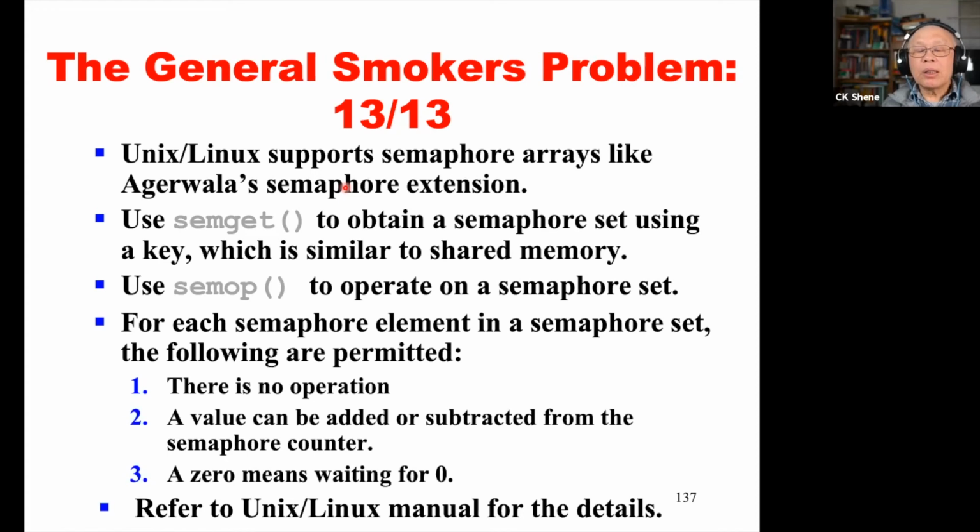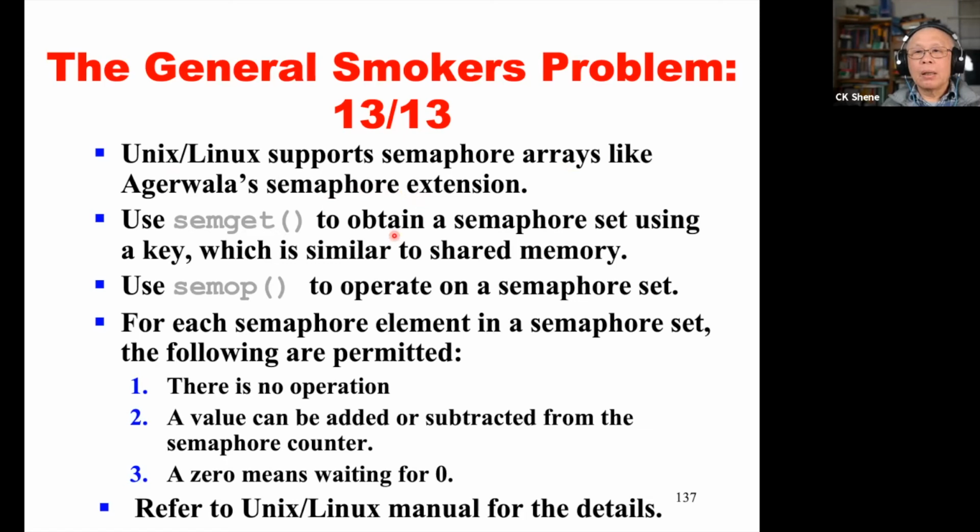That is, the semaphore implemented in Unix and Linux is not wait and signal. The implementation in Unix and Linux is the so-called semaphore arrays, very much like Agerwala's semaphore extension. Now you know why I spent 12 slides to talk about this until we get the Agerwala's semaphore extension done.